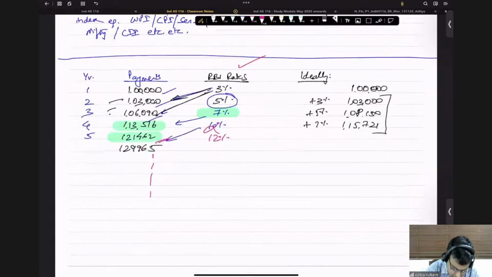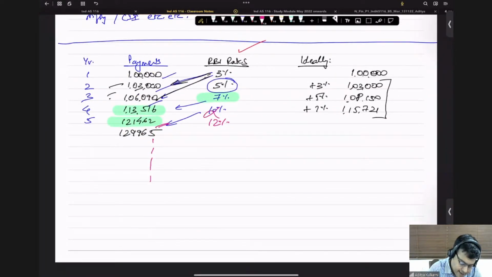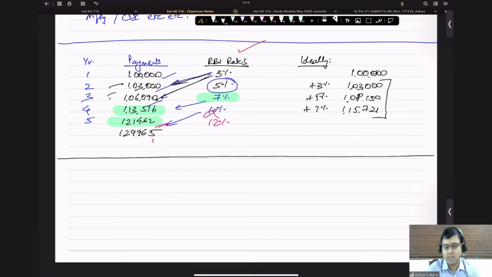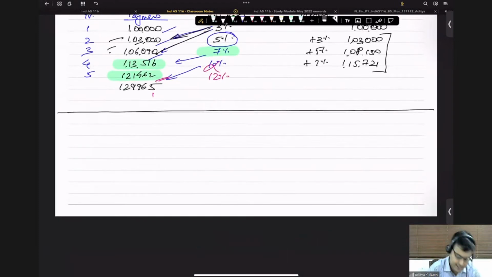Okay. And now we take another case of variable lease payment based on index. So year 1, 1 lakh, when your CPI, consumer price index, is 100. Year 2, the consumer price index is say 125. So your lease liability is 1 lakh into 125 by 100.